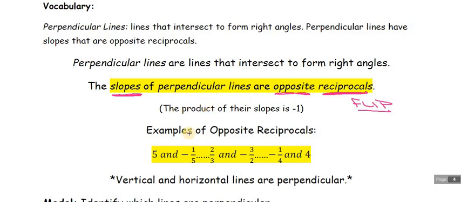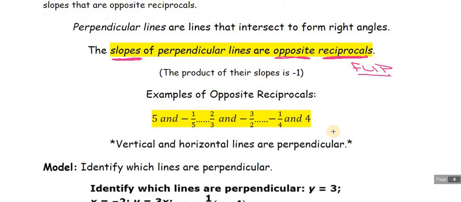Okay, so if we're looking for opposite reciprocals, 5 and -1/5 are opposite reciprocals. So the opposite of positive is negative. And if I flip 5, which technically would be 5/1, it's going to be 1/5. So it went from positive to negative, and we flipped the numerator and denominator.